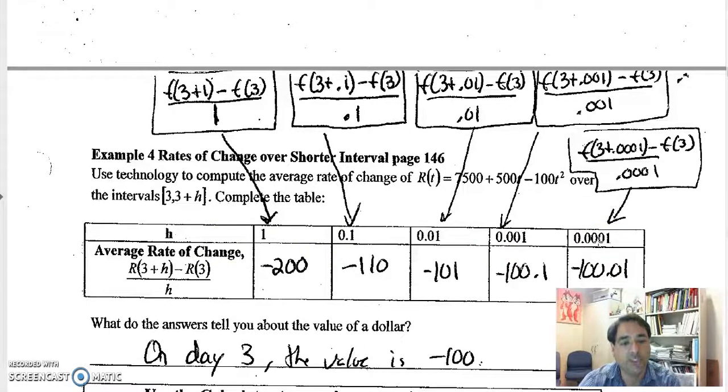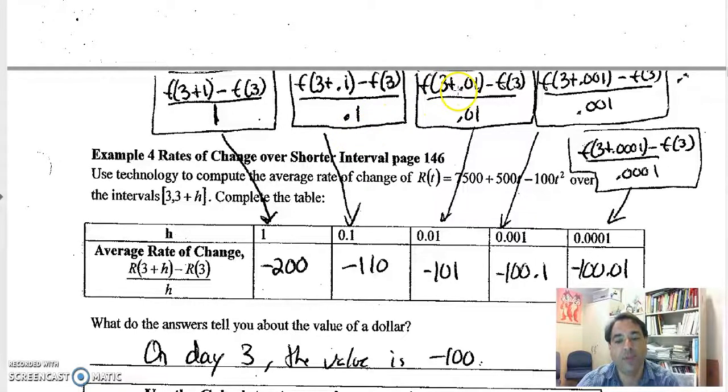Now it's really important that you understand what the formula is doing. So we're trying to find out day 3. We're going to find out a day later, a 10th of a day later, 100th, 1000th, a 10,000th of a day later. So formula-wise, it's f of 3 plus 1 minus f of 3 over 1, a day later. Then we're going to plug in f of 3 plus 0.1 minus f of 3 divided by 0.1, a 10th of a day later.